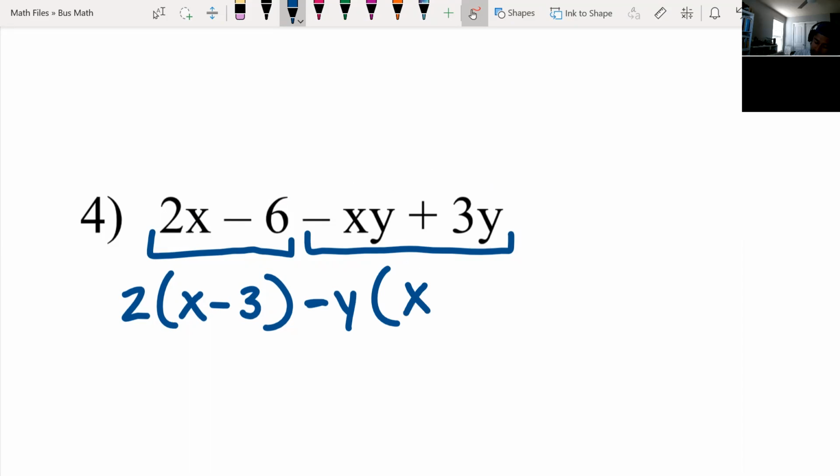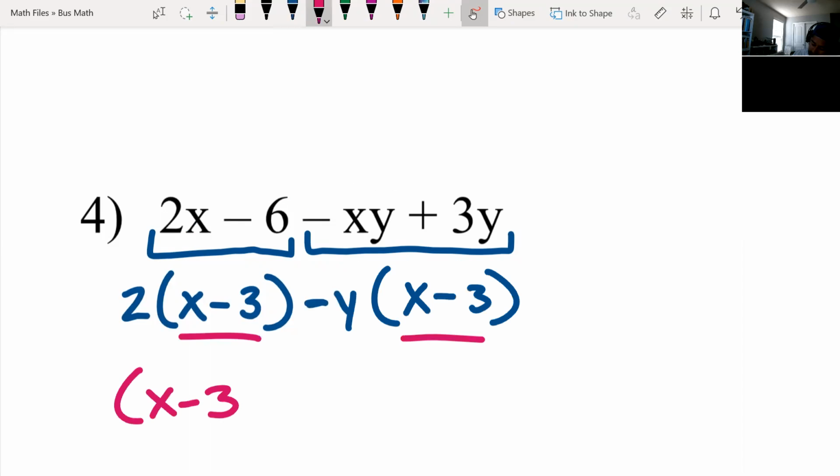X minus 3. That's it. And now that's common. You take out the x minus 3, you factor it out, and what's left over? 2 minus y. Done.